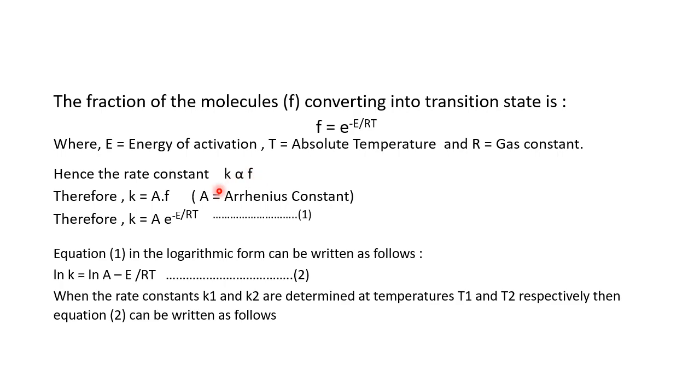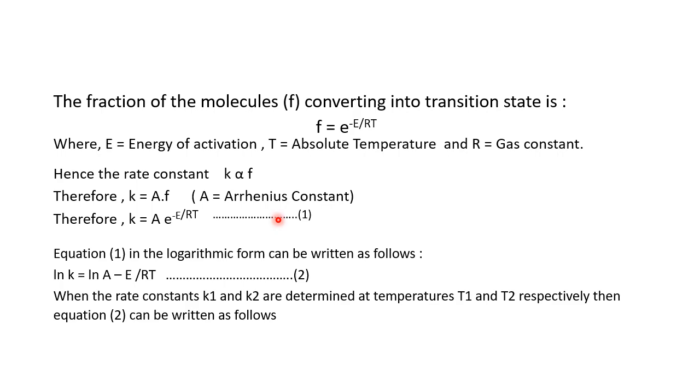If I want to remove the proportionality sign, I introduce a constant, that is A. So we have K is equal to A into F. Now what does A stand for? It's the Arrhenius constant. Now if we substitute the value of F which we had over here in this equation, we have K is equal to A into e raised to minus E upon RT.